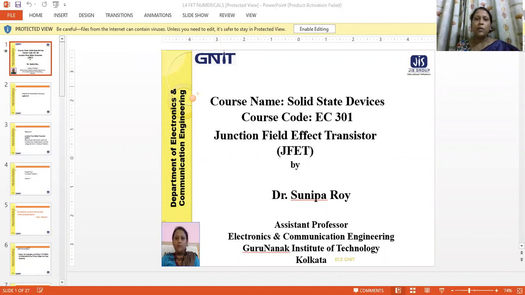The DC load line for a JFET can be easily drawn by remembering the following 2 points.